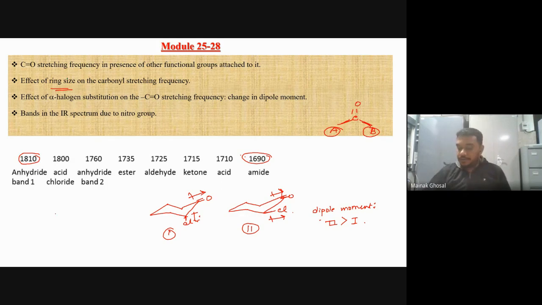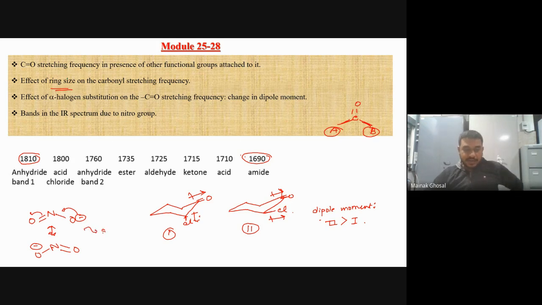Now, for the case of nitro, this is the structure of the nitro group, and with the oxygen lone pair, this is another resonating structure. Here it will be a double bond to O, but both are equivalent, right? So you will see two bands for nitro in stretching.